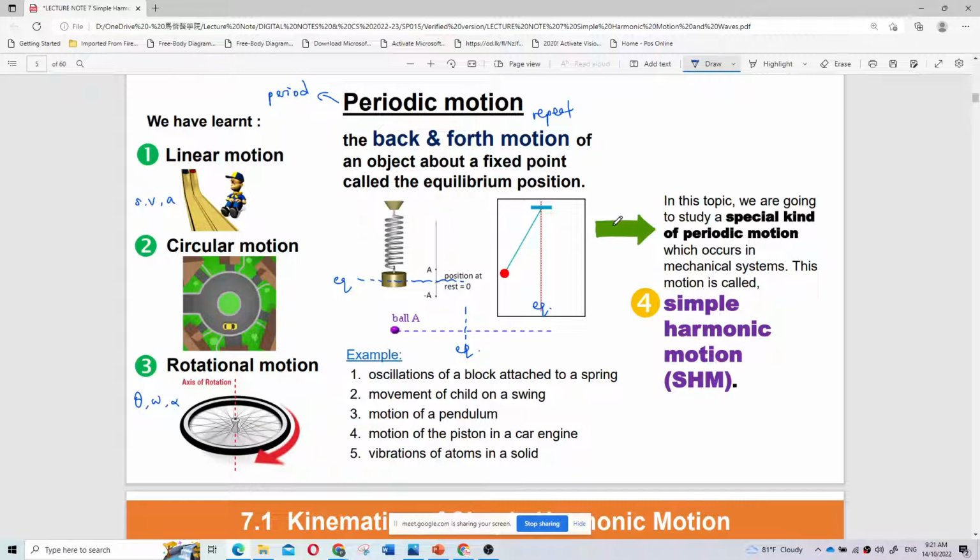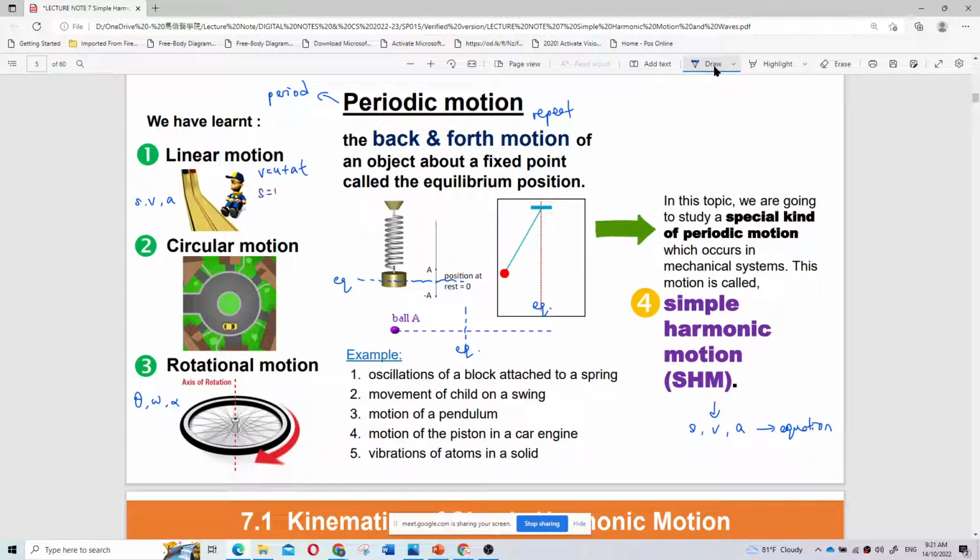So now simple harmonic motion also has its own kinematics, its own displacement, velocity, acceleration, and its own equations. Last time in linear motion we had equations like v equals u plus at, right?